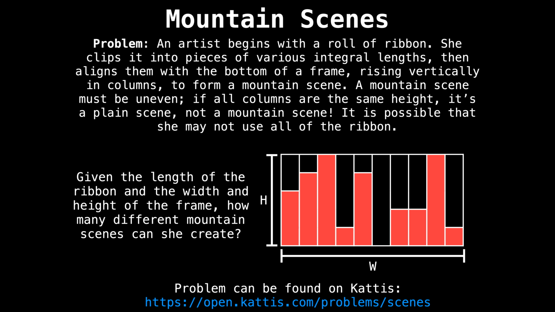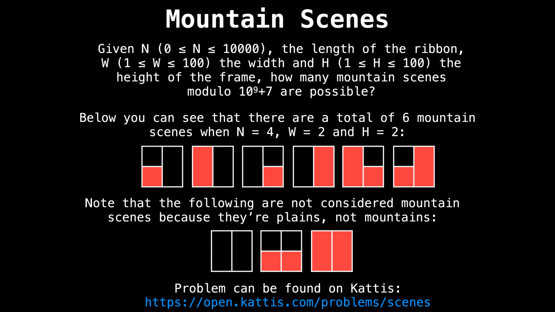Essentially, we're given the dimension of a frame and some amount of units of ribbon, and we want to count all the paintings the artist can make by placing ribbon wherever she likes, as long as those ribbon strips start at the bottom of the frame and raise vertically. In terms of bounds on the input, we are told that n, the amount of ribbon, is bounded between 0 and 10,000.